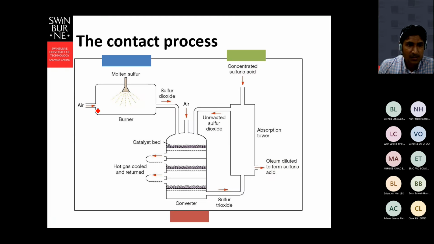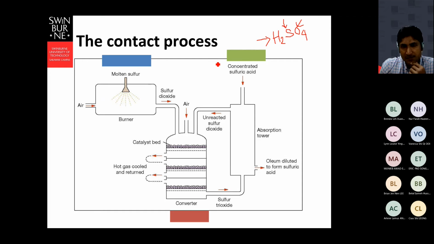So how do you do it? We start from molten sulfur. Sulfuric acid is H2SO4. I should tell you first that H2SO4 is sulfuric acid, so there are two parts hydrogen, one part sulfur, and four parts oxygen in the sulfuric acid molecule.